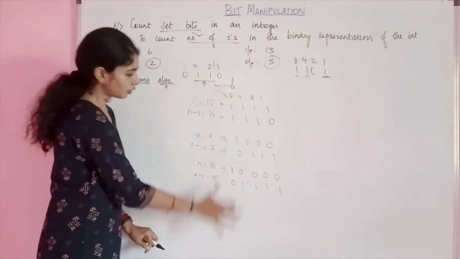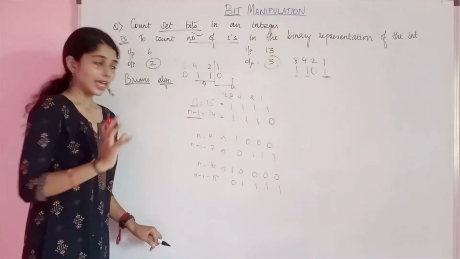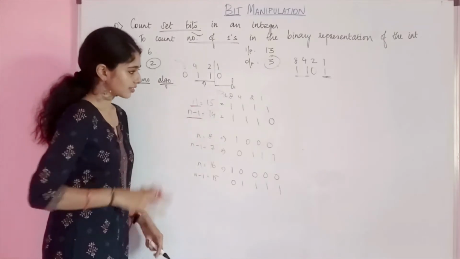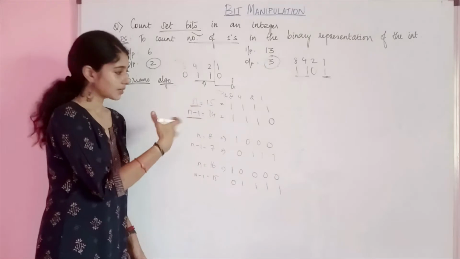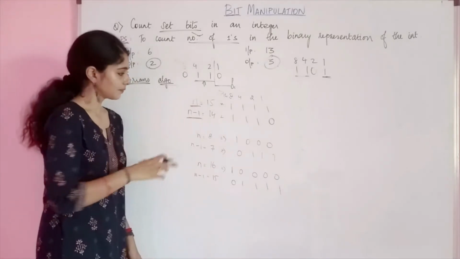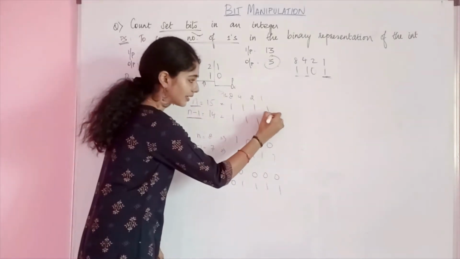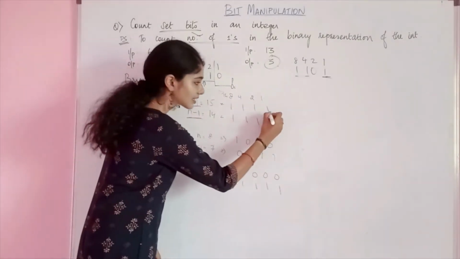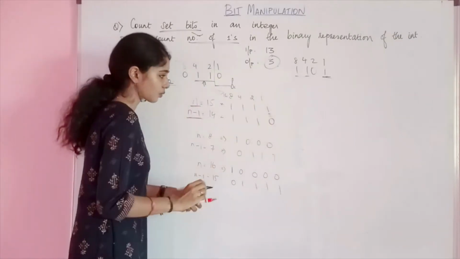Do you notice some pattern between n and n minus 1? If so, what is the pattern? There is some n and you are subtracting 1. The pattern you can notice is that the rightmost set bit is getting swapped.